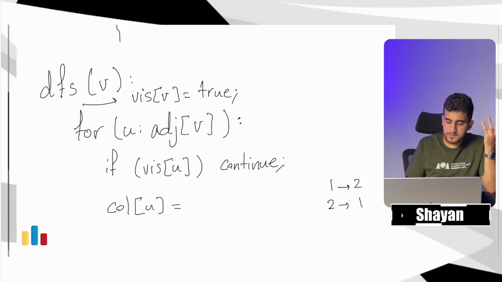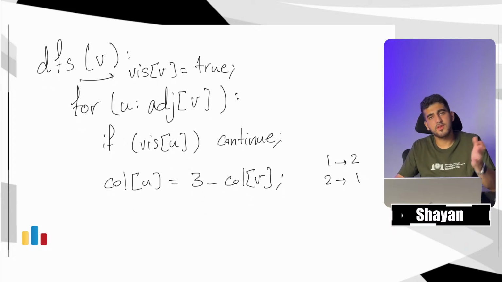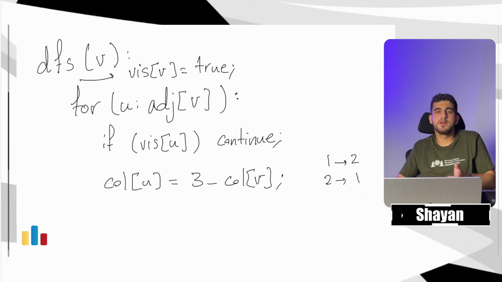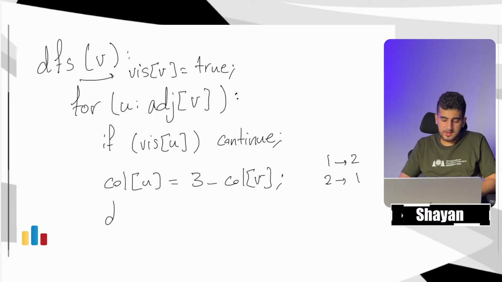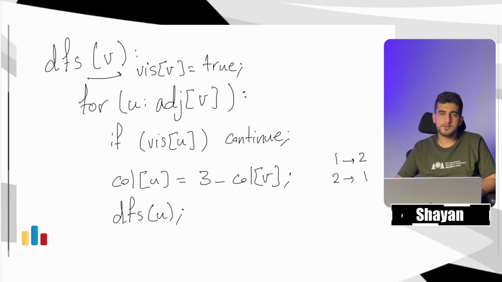I can say that color of u must be 3 minus color of v, right? If this one is 1, that one will be 2. If this one is 2, that one will be 1. So color of u will be 3 minus color of v. And then do DFS on u. Okay, so this is how I'm gonna do it.